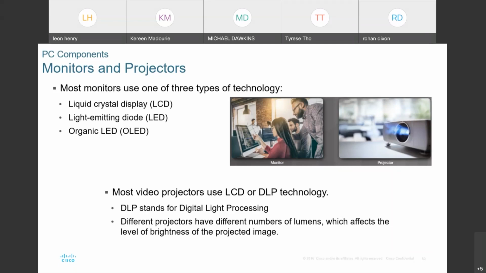So most of what we look on now as TVs and monitors, they're either LCD or LED, whichever version of the LED. Most video projectors are the ones that we use to project, like when you go to Sting or some fest or some event where the event is also being projected onto a screen.